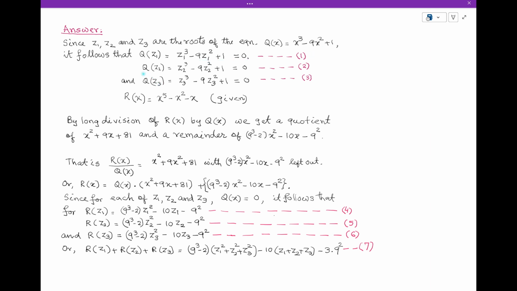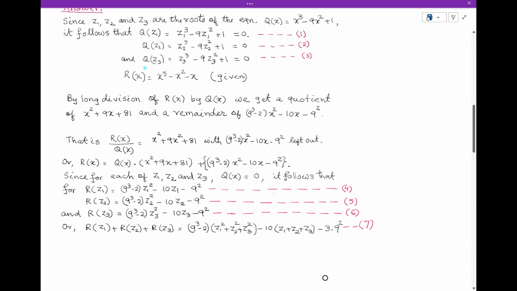Similarly, for Q(g2), we have g2 cubed minus 9 g2 squared plus 1 is equal to 0. Let it be equation 2. And finally, Q(g3) is equal to g3 cubed minus 9 g3 squared plus 1 is equal to 0. Let us call it equation 3.